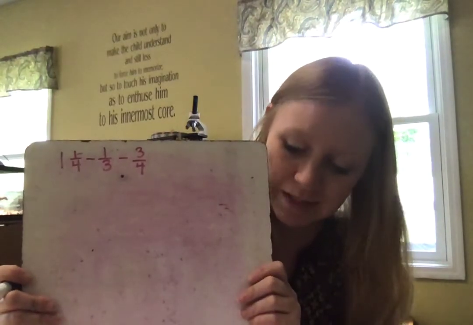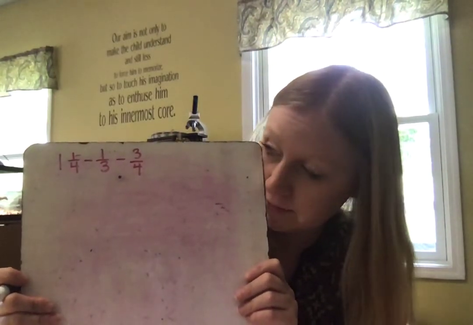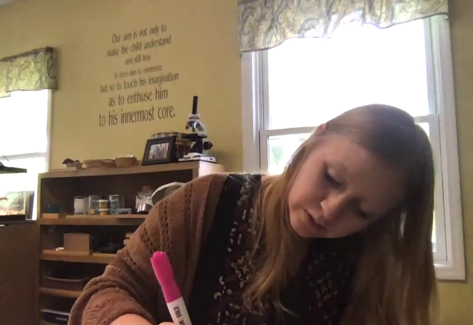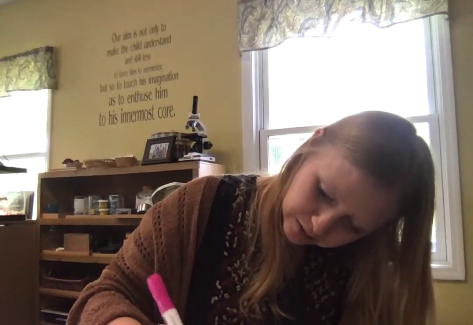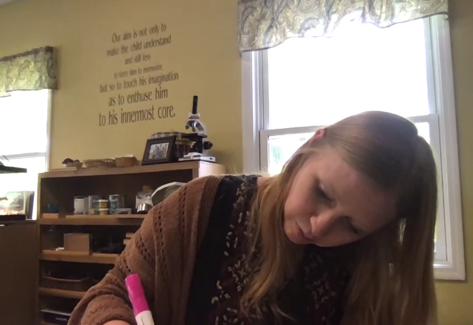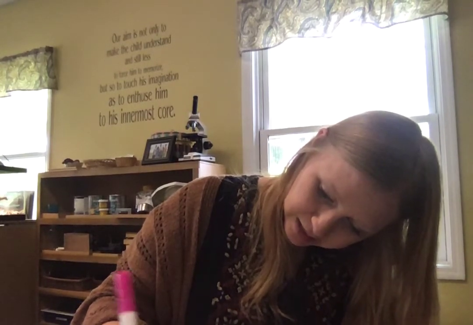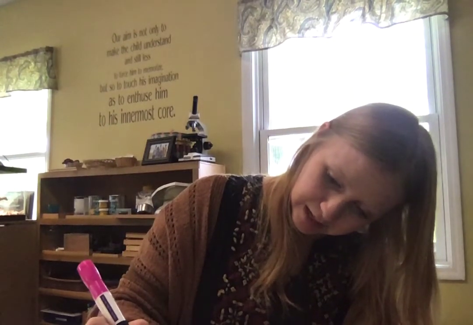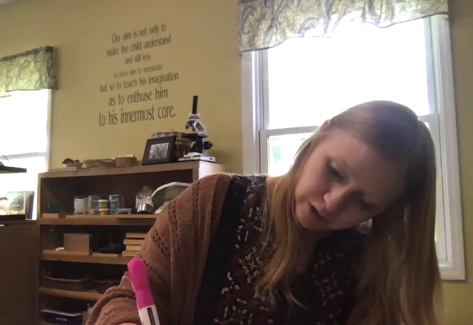Seth, what is a common denominator between 4 and 3? 12. You're right. So 1 and something 12ths minus something 12ths minus something 12ths. To get from 4 to 12, I multiplied by 3. So 1 3/12 minus 4/12 minus 9/12.